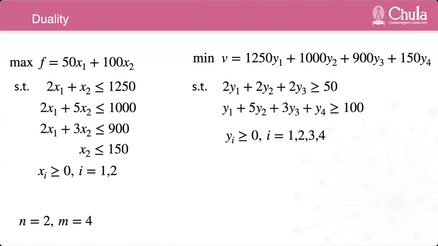Why do we have 50 here? 50 here is the coefficient here. Okay, and the second constraint is also from 1, 5, 3, 1, right? 1, 5, 3, 1, okay? And this is greater or equal 100 here because we have 100 here, okay?